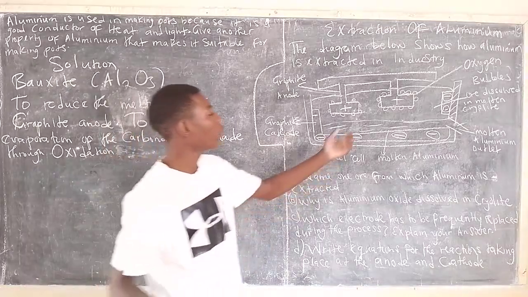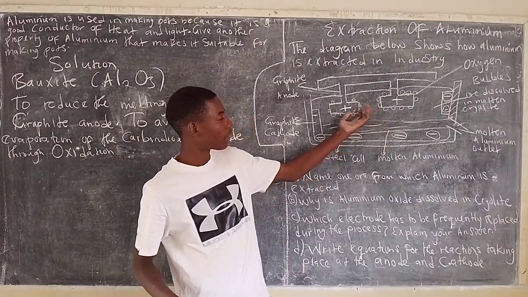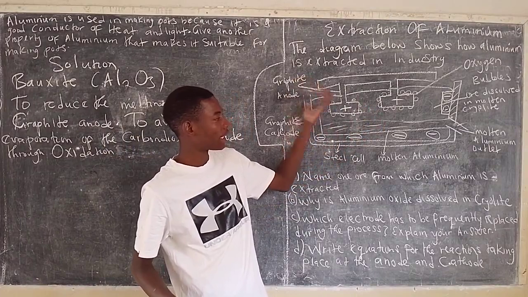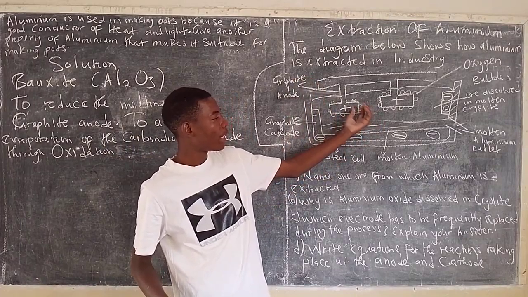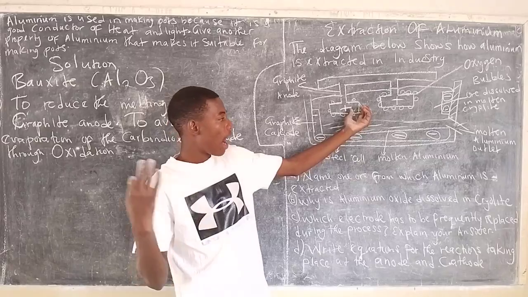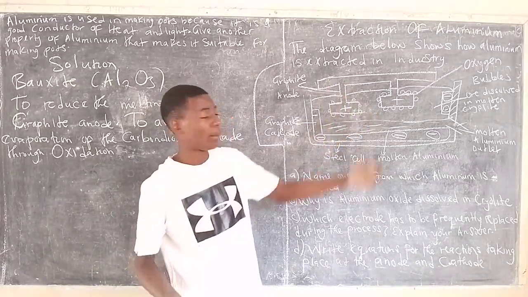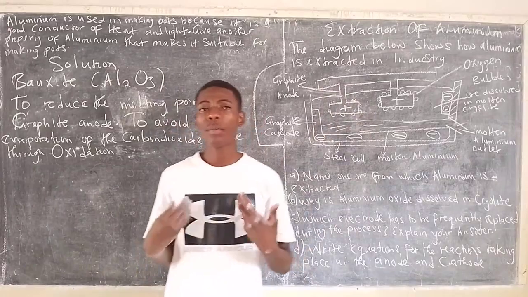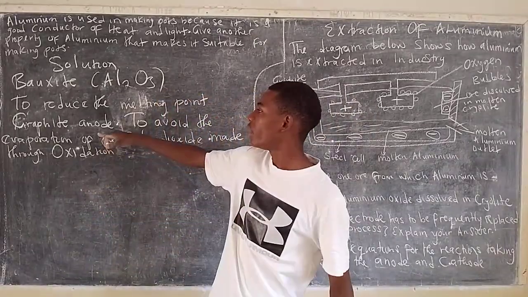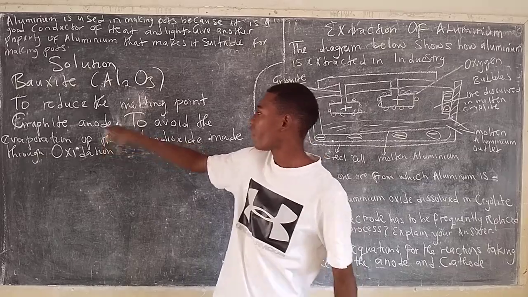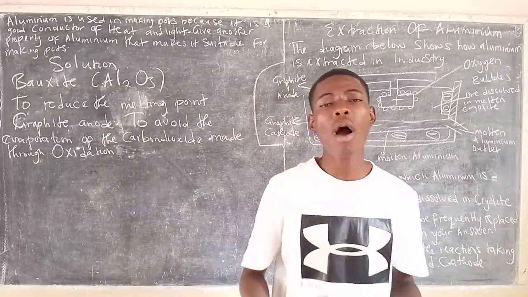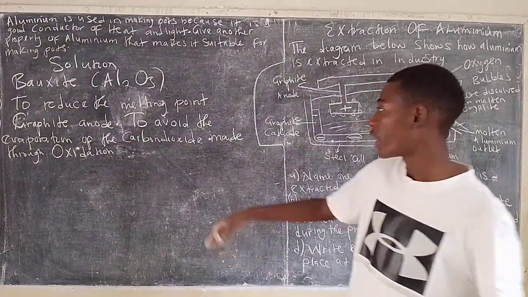As you may know, when oxygen reacts with the graphite, which is just a type of carbon, it will be converted into carbon dioxide, which can evaporate. So to prevent that, the graphite anode has to be frequently replaced. This is done to avoid evaporation of the carbon dioxide.